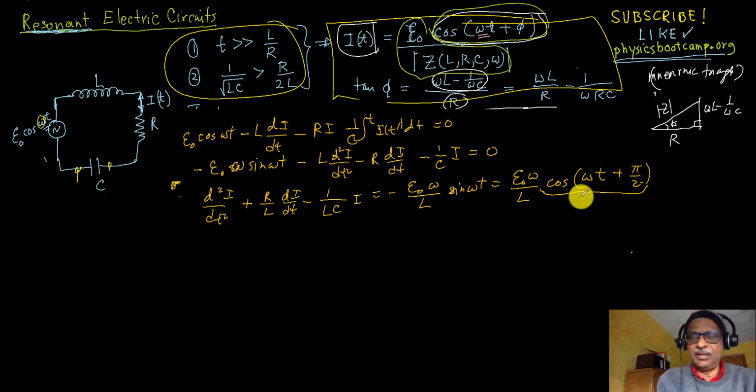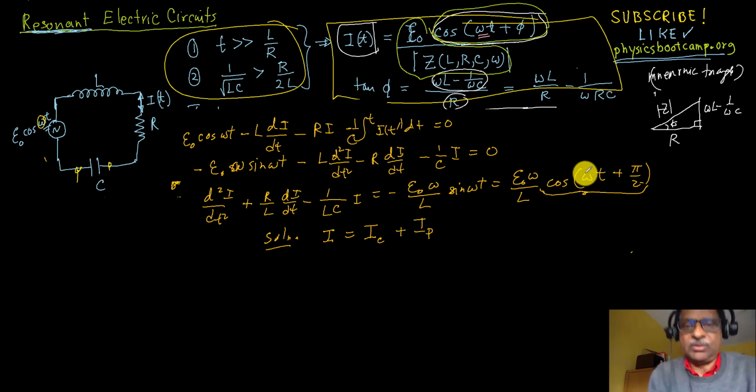This is an inhomogeneous equation, and so the solution will be a solution of the equation where the right side is 0, let's call it I_C, plus a particular solution in which the right side is not 0, right?